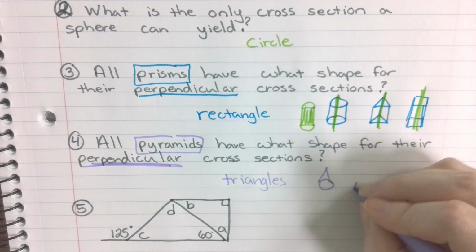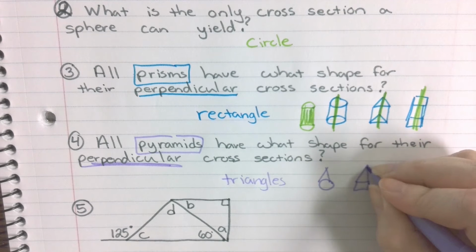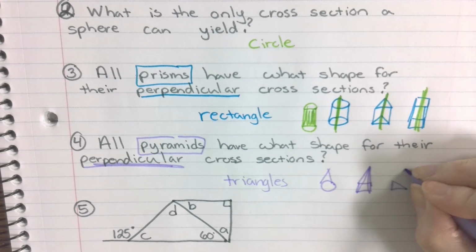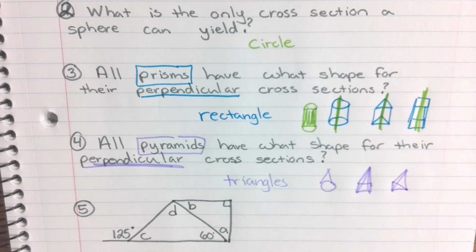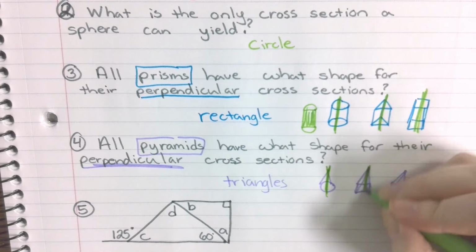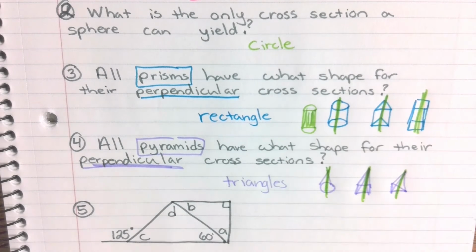You also have a rectangular pyramid, and you can have a triangular pyramid. All of these, when you cut them perpendicular to your base, slicing straight through the top down to the base shape and pulling it apart, you're going to see nothing but triangles.